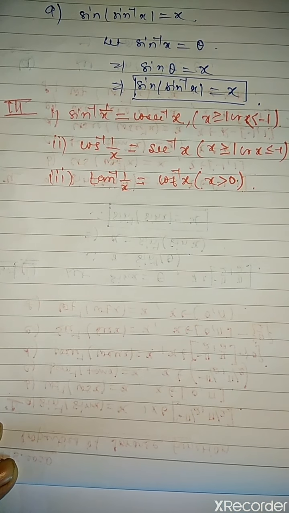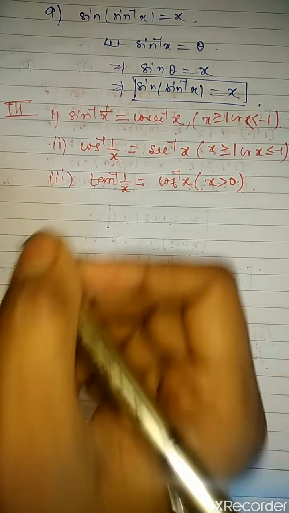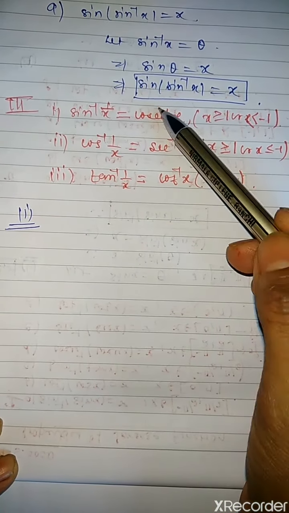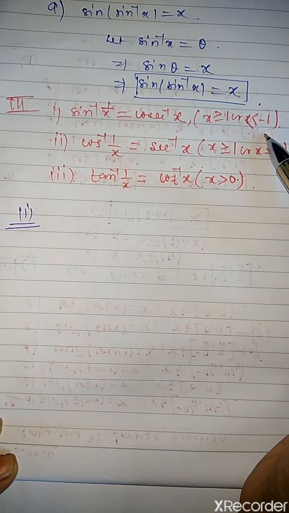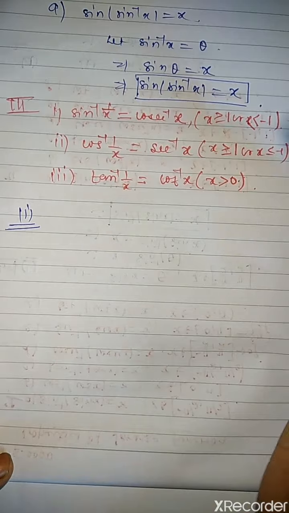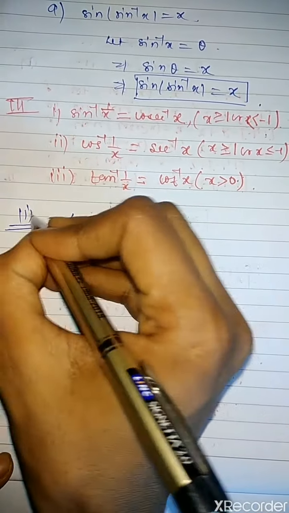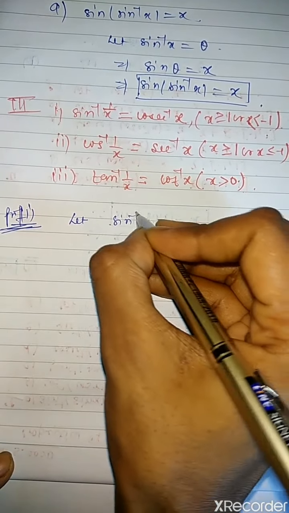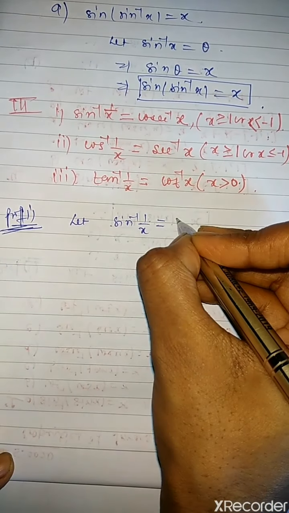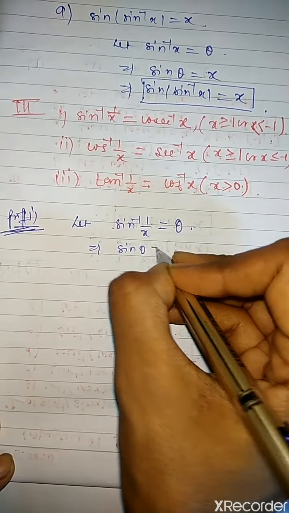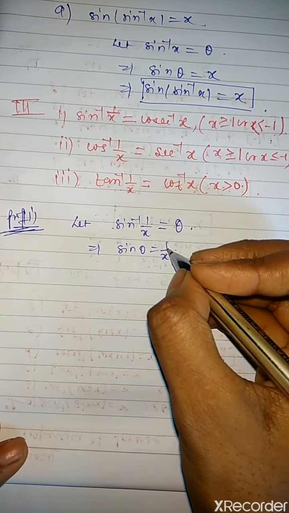So let us prove the first one. The first one is sine inverse of 1 by x equals cosec inverse x, with the condition given here. First we let sine inverse of 1 by x equal to theta. So this implies sine theta equals 1 by x.